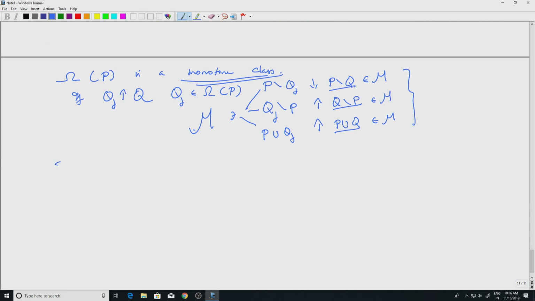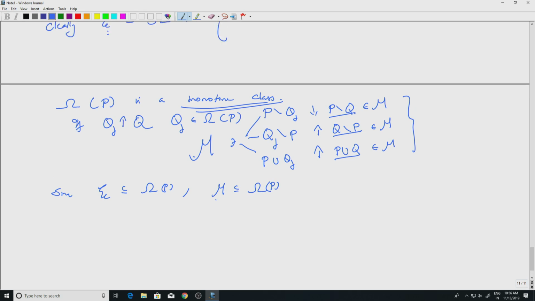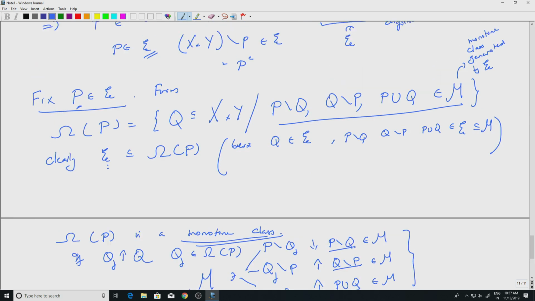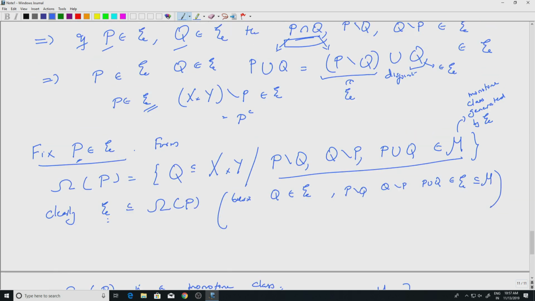So since the elementary sets are in omega p and omega p is a monotone class, we will get that script M is also in omega p, because this is the one generated by script E. So what did we just prove? The proof is simple, but we fixed a P in script E, and then we looked at omega p with some properties.